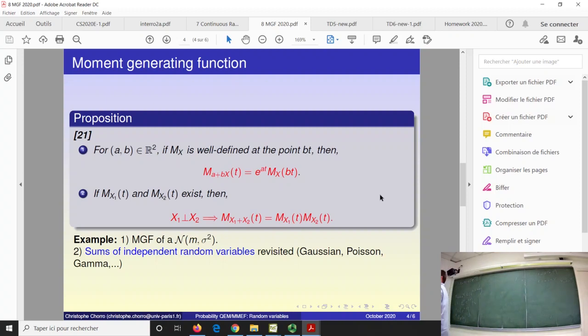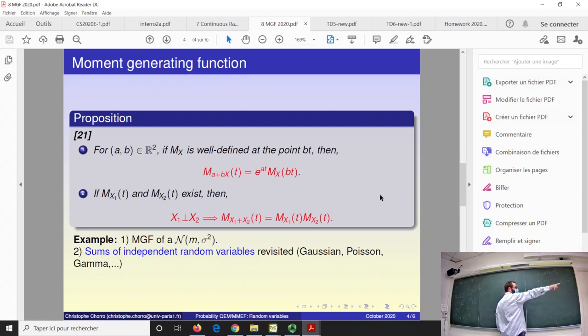So N(m, sigma squared) may be expressed as an affine transform of a N(0,1). So applying my result here. Here it's nice because I know that the moment generating function of y is defined everywhere. I have no condition on where it is well defined. It is well defined everywhere.